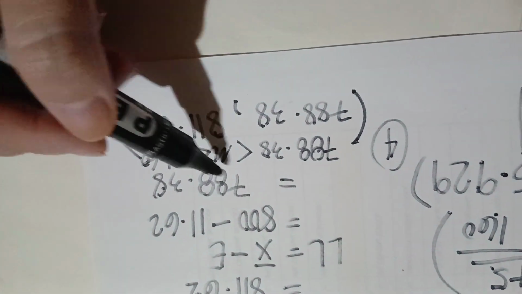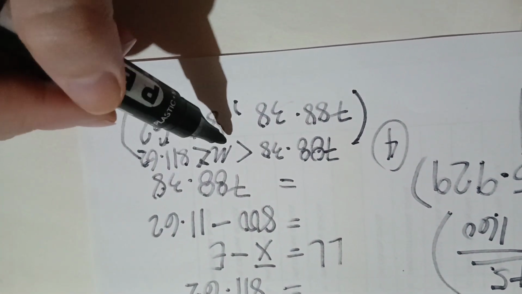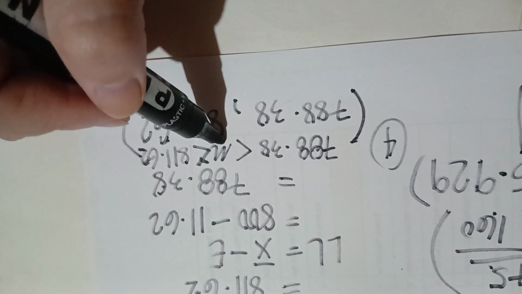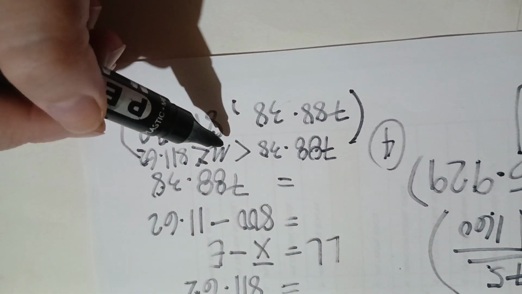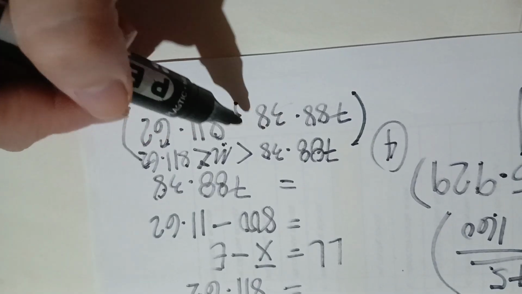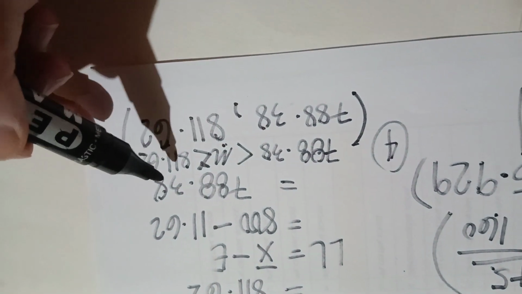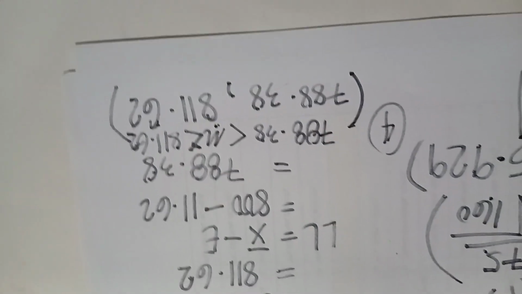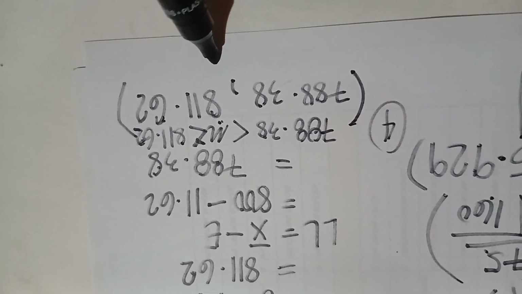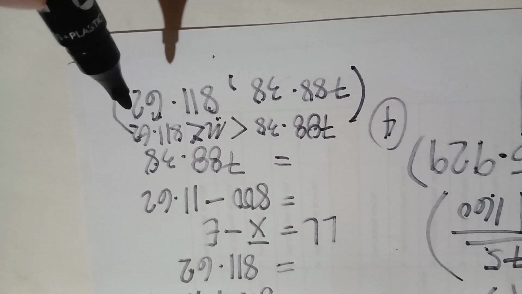So your mean is greater than 788.38 and less than 811.62. Okay, so this is your confidence interval.